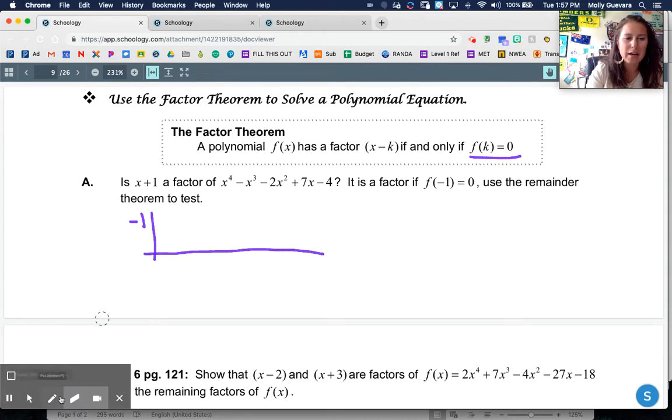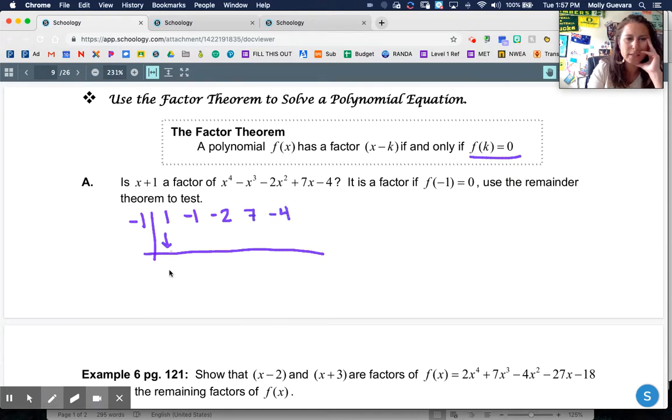If I have 1, because x to the fourth is 1, x to the third is -1, x squared is -2, x to the 1 is 7, and x to the 0 is -4. So the 1 comes down, and I multiply and add. I multiply and add.